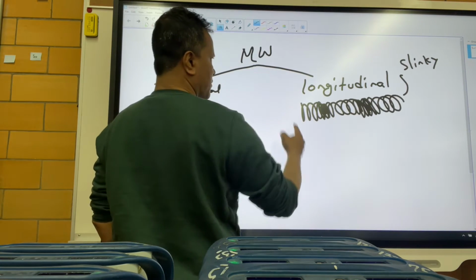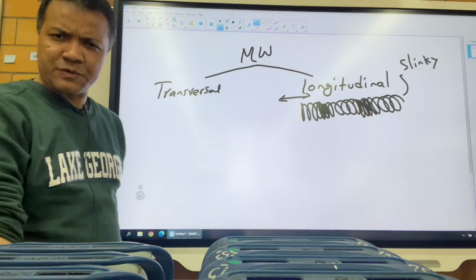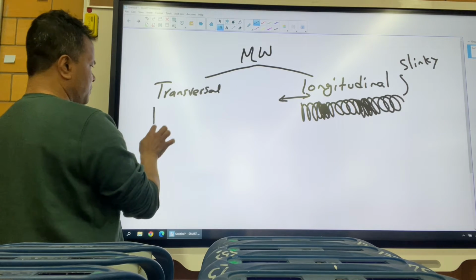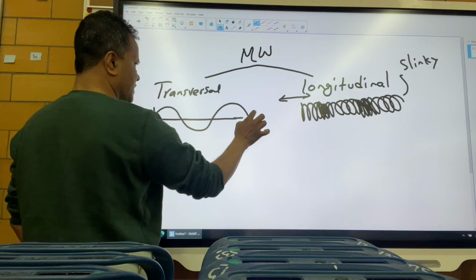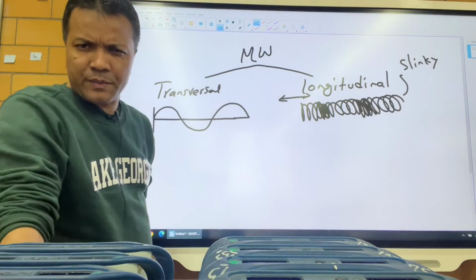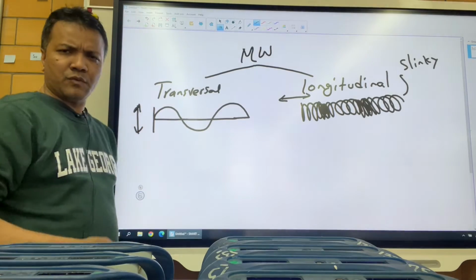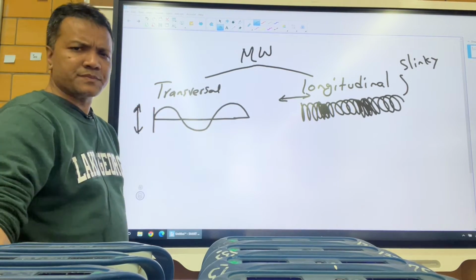You move it back and forth and you create a longitudinal wave. This is a slinky. You move it up and down and you create a transversal wave. Move it up and down like this, and move it back and forth like this. Okay, good.